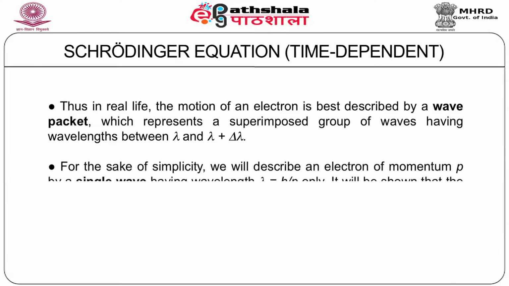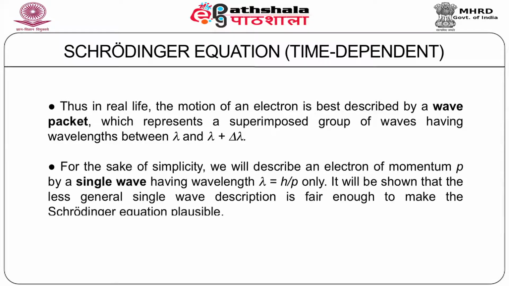But here, for the sake of simplicity, we will describe an electron of momentum p by a single wave having lambda equal to h by p only. We are not representing it by a group of waves, we are simply representing an electron motion by a single wave. It will be shown that this less general single wave description is fair enough to make the Schrodinger equation plausible.